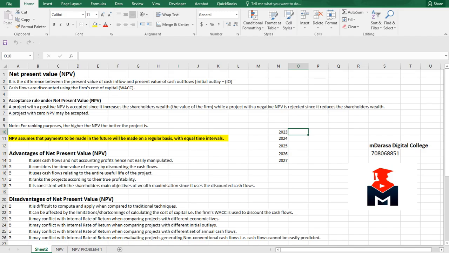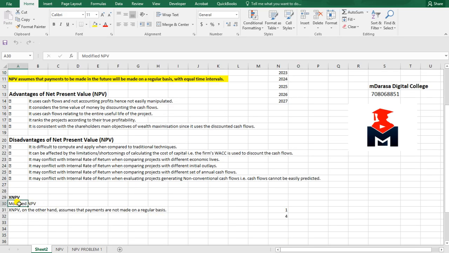With NPV, the main assumption was that payments to be made in the future will be made on a regular basis with equal time intervals.